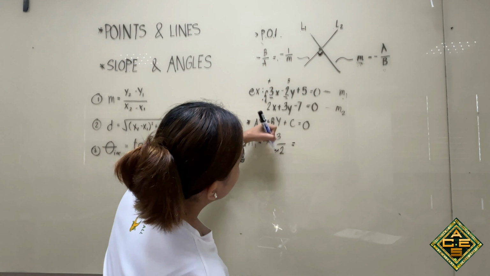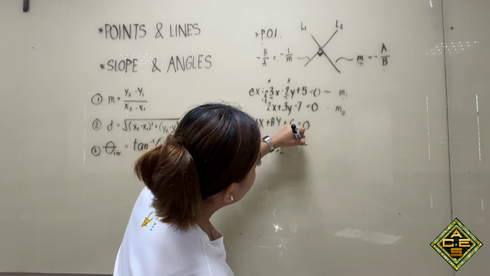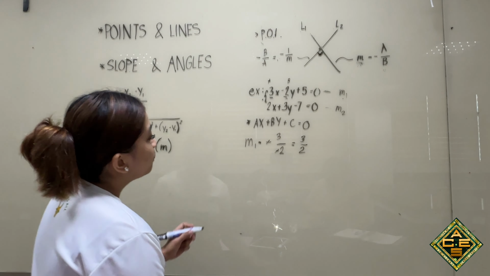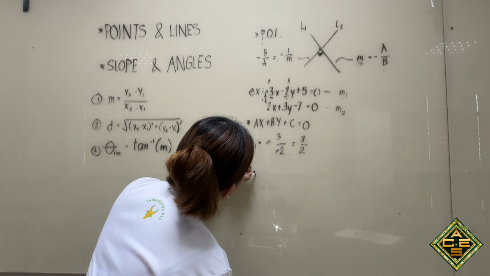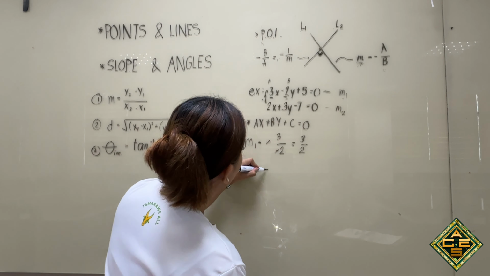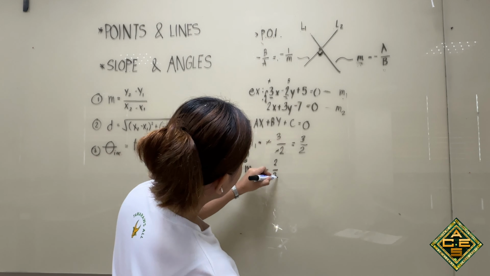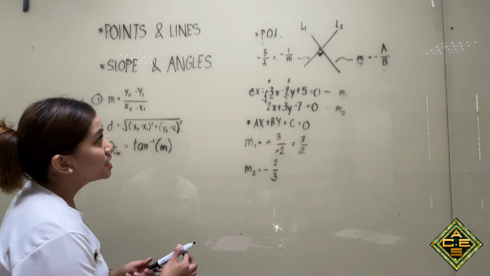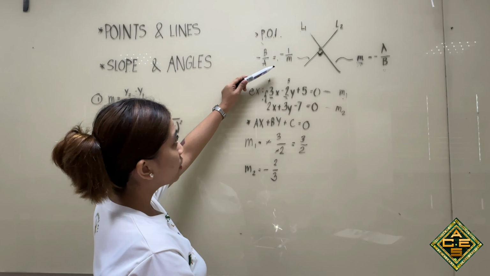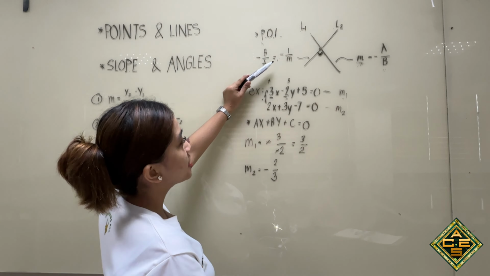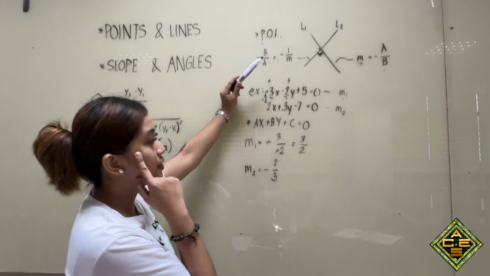So the negative values will be cancelled, so it's 3 over 2. And for m2, we have negative 2 over 3. So it satisfies the concept that the slope of the intersected line is the negative reciprocal.